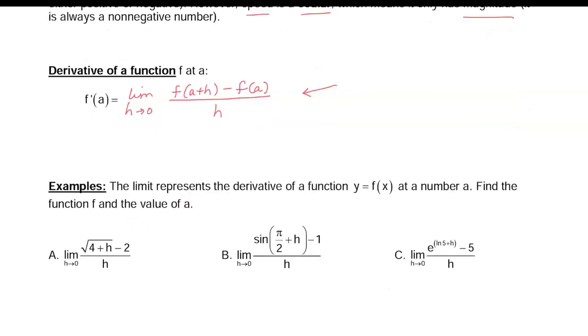To practice remembering what this derivative formula means, I have some examples, and this is the setup for the derivative of a function. We tell you that this limit represents the derivative of a function, and we want you to identify what the function is and what the value of a is.